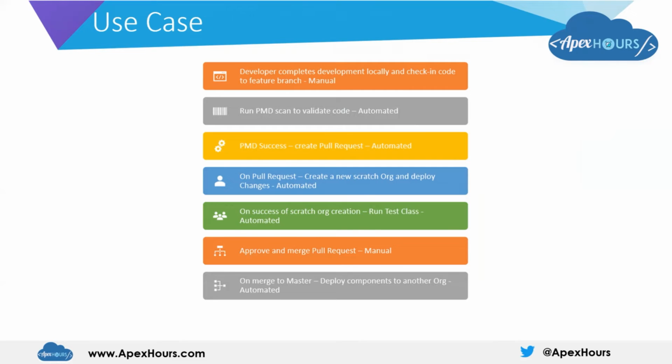This is going to be a manual operation. Then when I am checking in my component to the repository, at the backend, I have to automate the run of PMD scan. That is the first automation. And if that PMD scanning is a success, I need to automatically create a pull request to merge my feature branch changes to the master. This also I would like to automate.